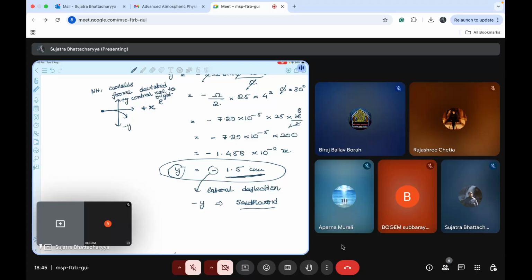So it is valid, right? The negative means it is going in the southward direction, that means it is deviating southward, or to its right. So this is one of the questions. A similar kind of question is there in the first assignment, not exactly the same. So you must try in the same way I have done this.